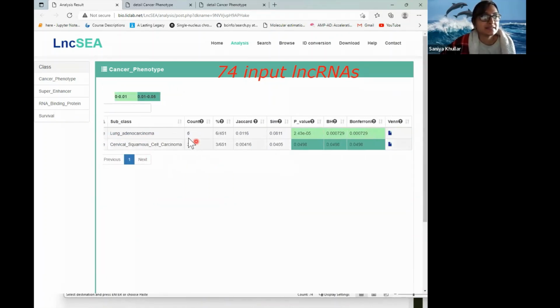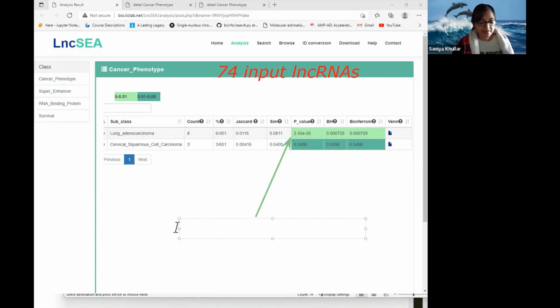So already this first list is smaller, it's 451, and the overlap is higher. So the significance is even greater. So you notice that the p-value is smaller. So generally, the smaller the p-value, the more significant the results are.